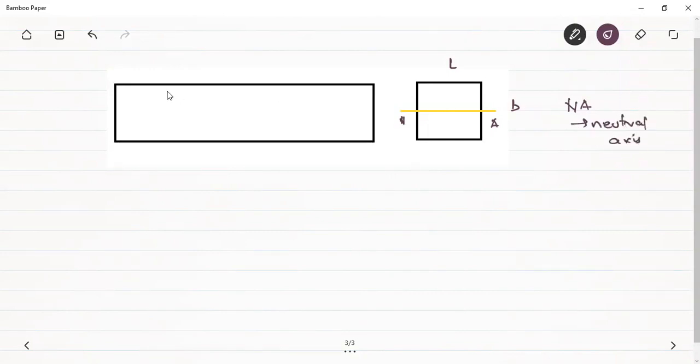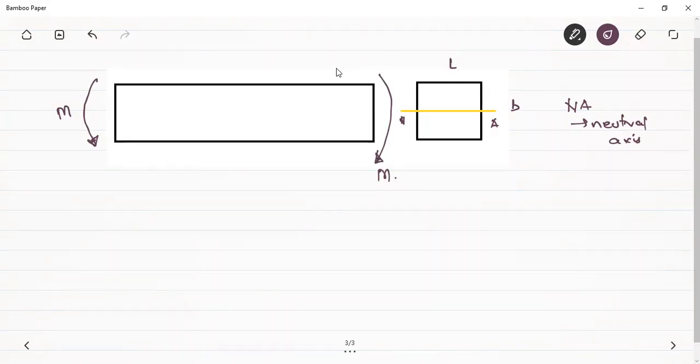So whenever there is a bending moment, suppose there is a bending moment in this direction. What will be the tendency of this bending moment? There is a bending moment acting on the beam like this. Where will the concave side be?